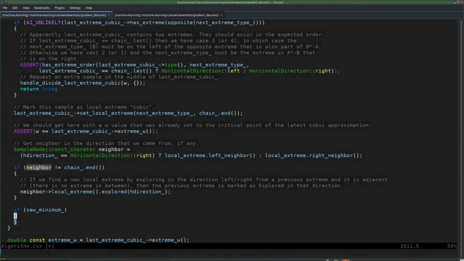Maybe I should do that in here, but I can't do that in here. So if saw minimum, then mark the newly found extreme as explored in the opposite direction.